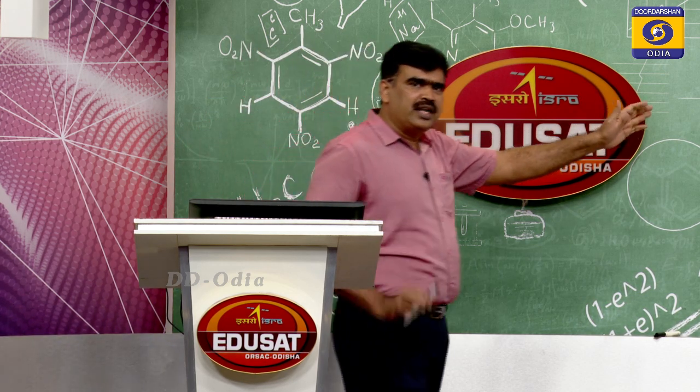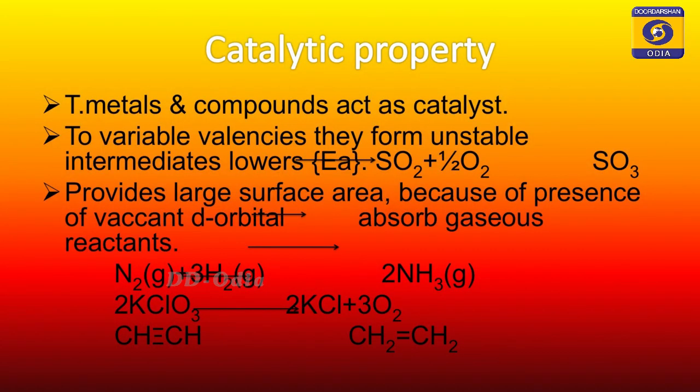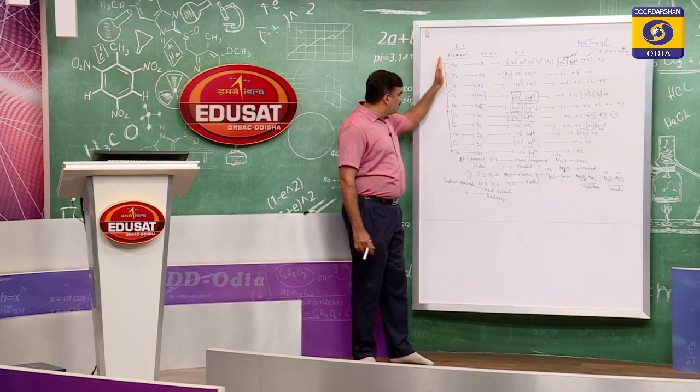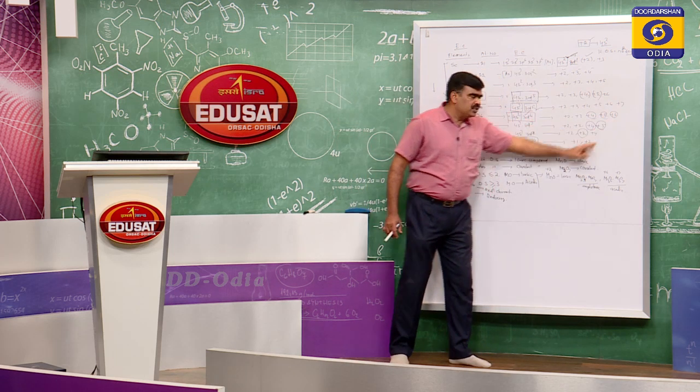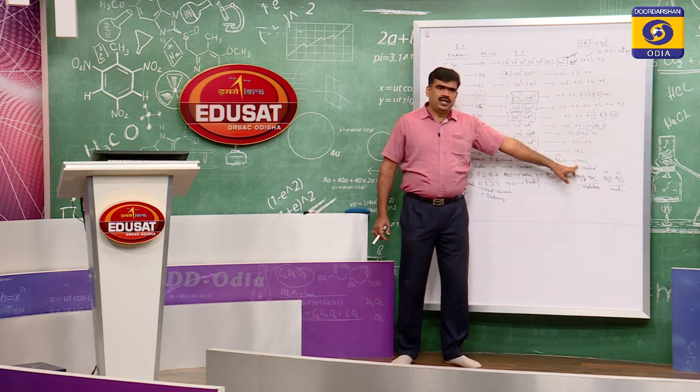So you see, the transition metals show variable oxidation state because of participation of both (n-1)d and ns orbital electrons in bonding, because of a very close energy difference between these two orbitals. And the oxidation state gradually increases up to manganese, then decreases up to zinc.